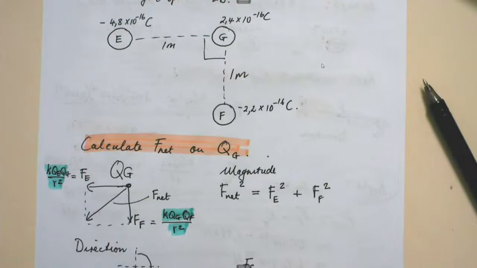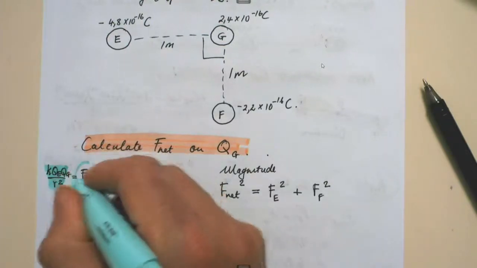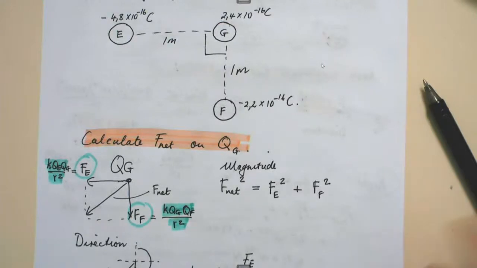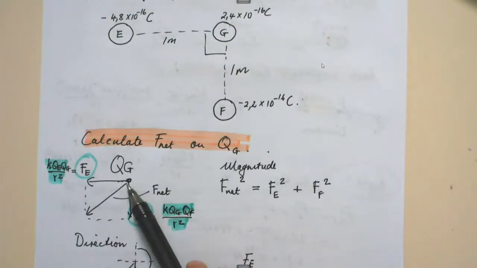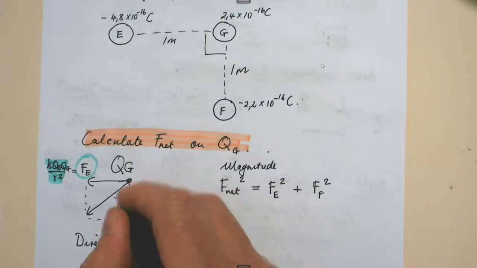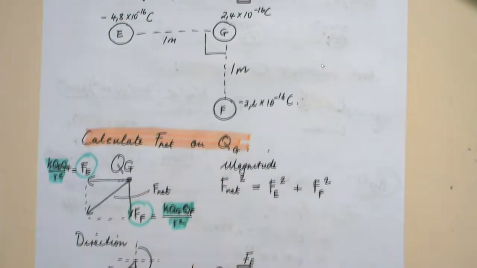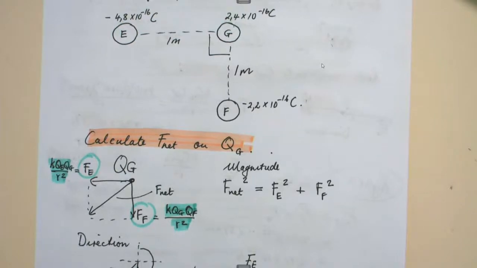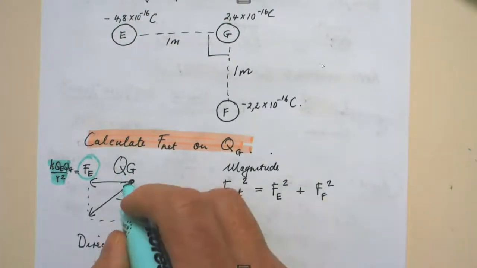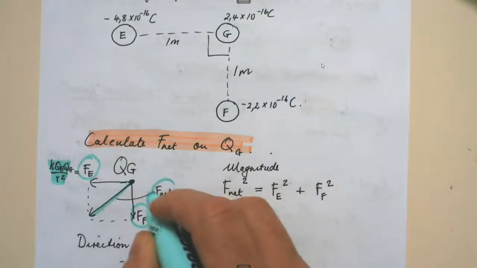So now I have these two magnitudes of those two forces. Now according to vector principles, if I have my two vectors tailed together, then this side will give me F net. So there is my F net. That one will be my F net.